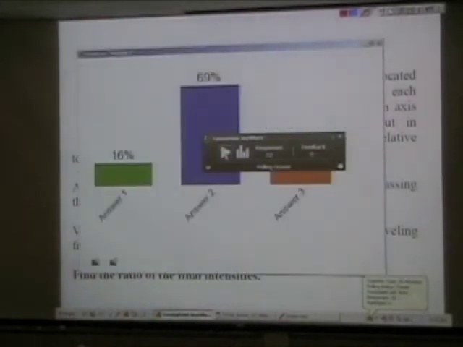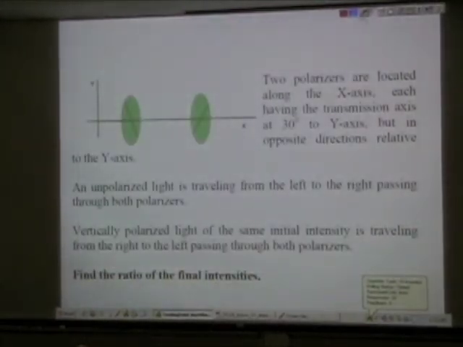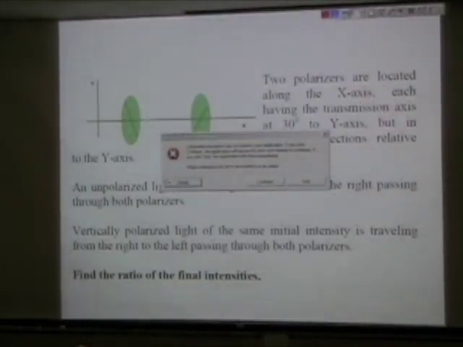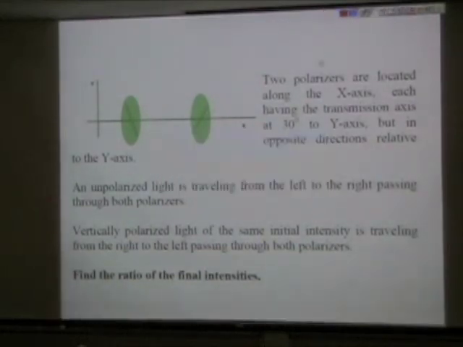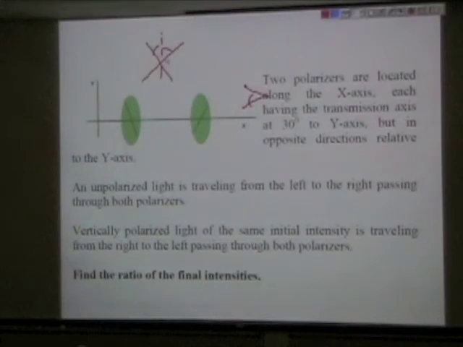And 60 degrees is the right answer. Because if you look at this picture from that perspective, what you see is one axis pointing like that at 30 degrees to the vertical in one direction, and another axis like this at 30 degrees to the vertical in the opposite direction.